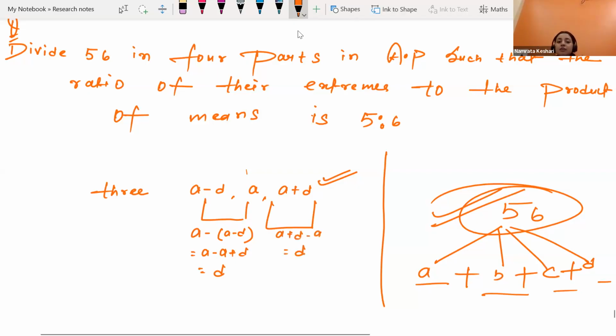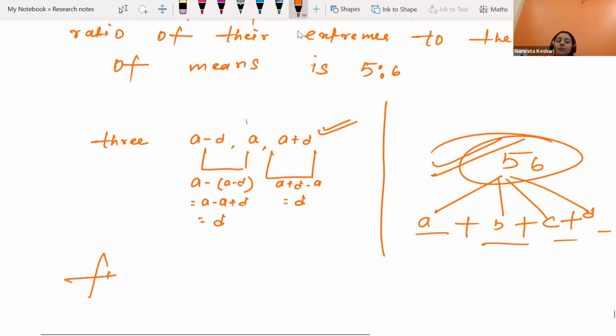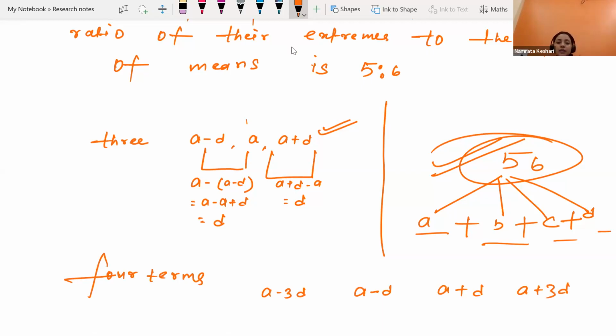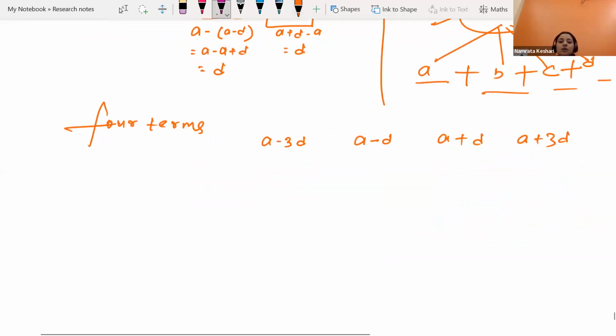When we take four terms which are in AP, we will take them like this: A minus 3D, then A minus D, then A plus D, and A plus 3D. These are the four terms we'll take. Is it in AP? Let's check. The common difference will be A minus D minus (A minus 3D).